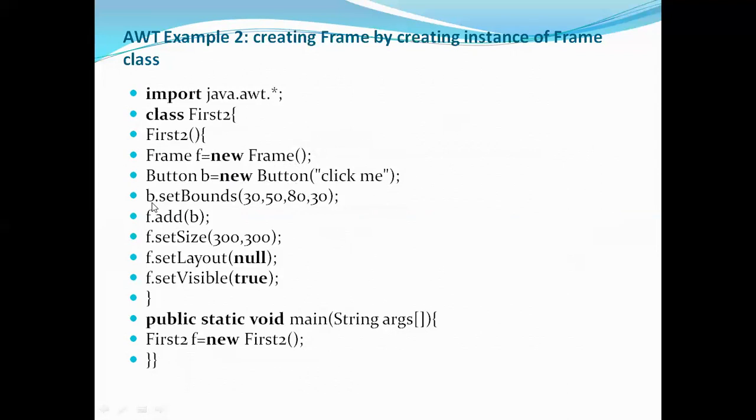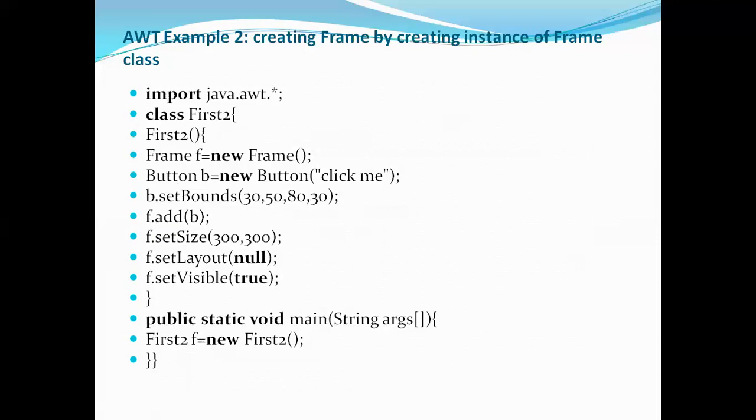Now for the button I'm setting the bounds, like we have seen with four parameters just now. For setting the bounds of a button, you write b dot setBounds, because b represents the button. Next is f dot add. What does f represent? We have seen that f is nothing but the frame. f dot add b means the button you have created is added to the frame now.